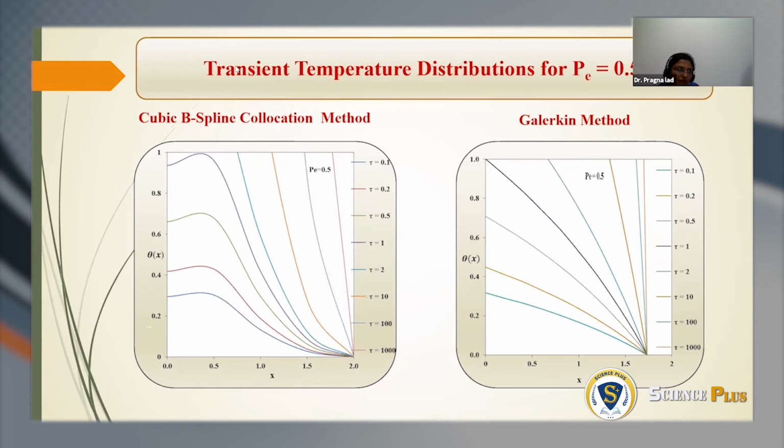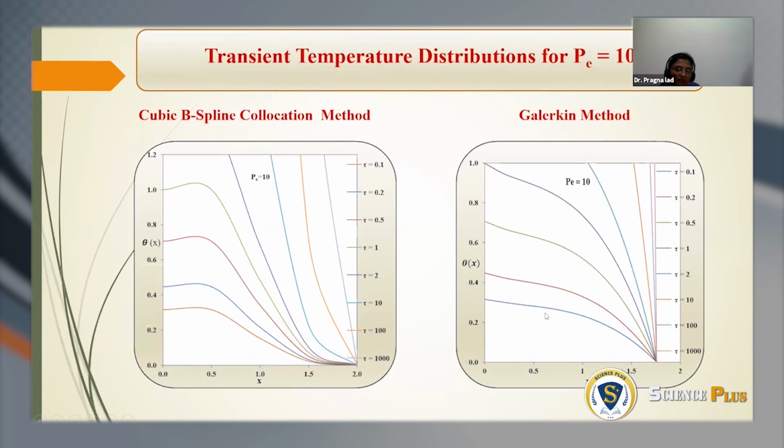Here, I have also taken a different value of Pe, that is 0.5, and I get the same result. And this is again for Pe equal to 10 in cubic B-spline collocation method as well as Galerkin. We get the same result. As tau is increasing, transient temperature is also increasing.